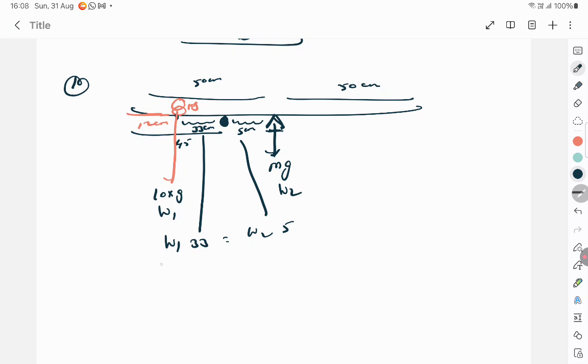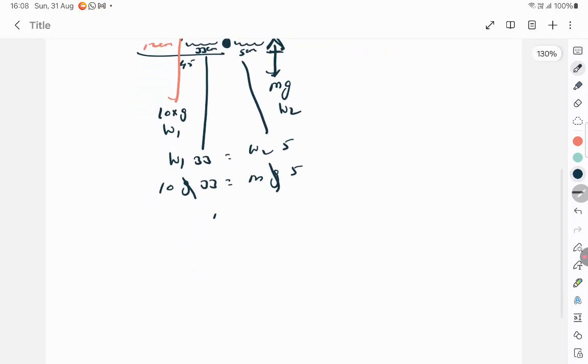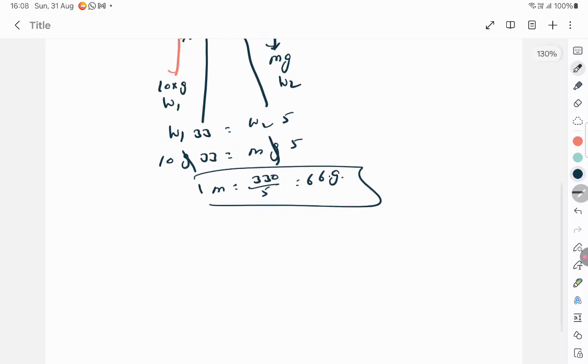So 10 into G into 33 is equal to the mass of the scale into G into 5. G and G get cancelled, so we can find M to be 330 by 5. So the answer is 66 grams, the mass of the entire scale.